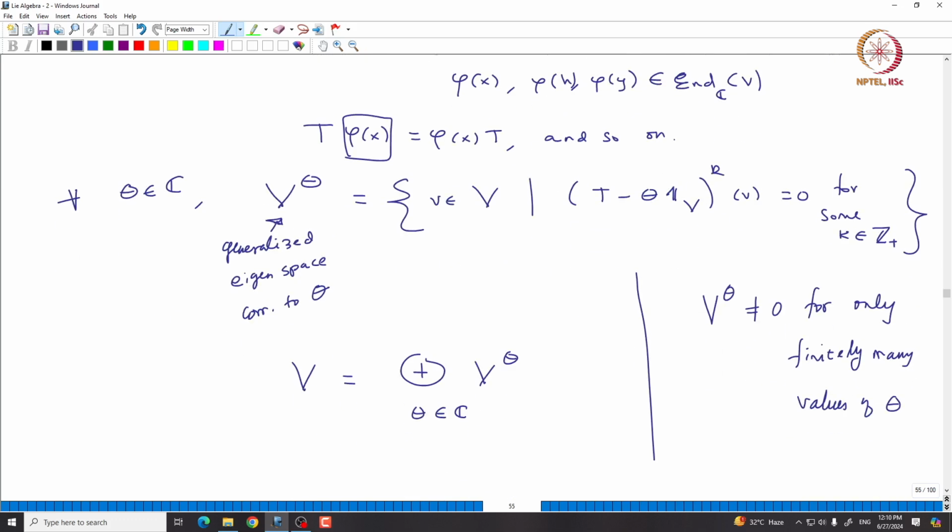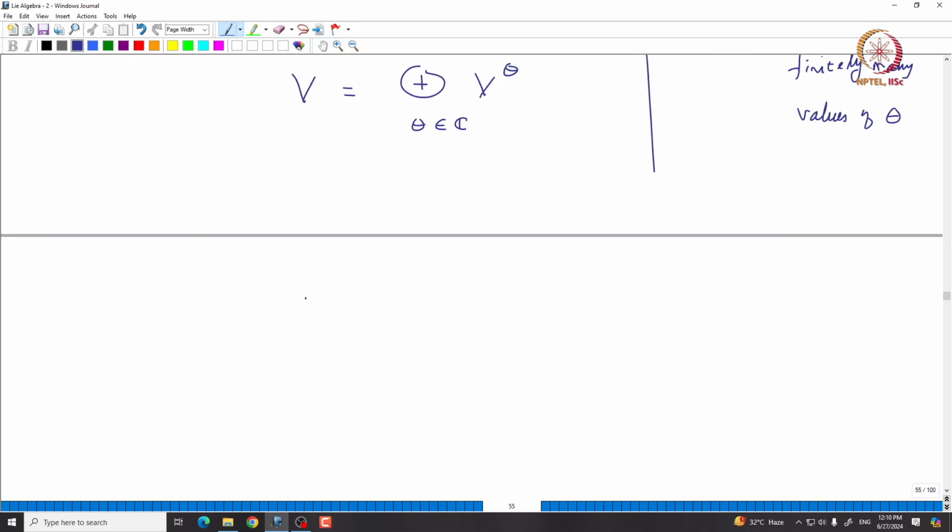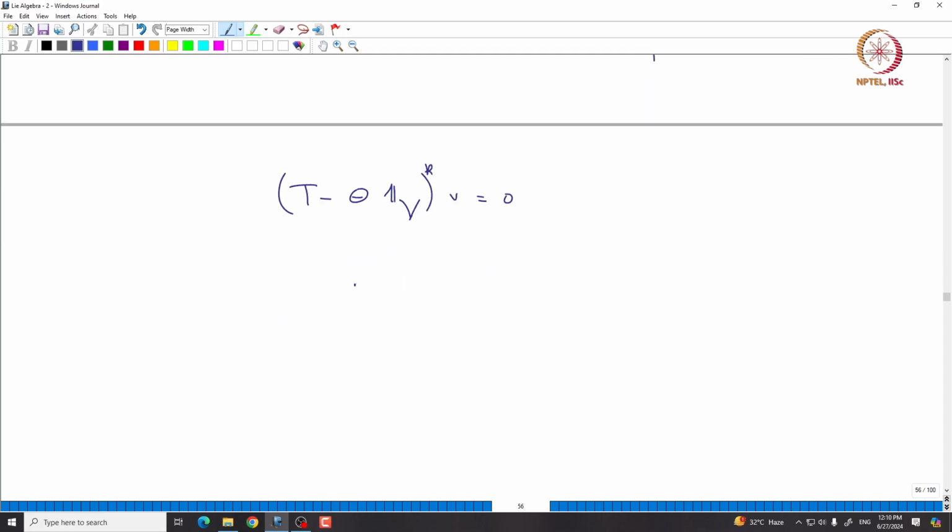Because if I take T minus theta identity to the power k applied to v, it is 0, where v is in capital V. Then if I take x v and apply T minus theta identity to the power k, since x T is equal to T x, you can see that x can be taken out, and this becomes T minus theta identity to the power k applied to v, which is 0.